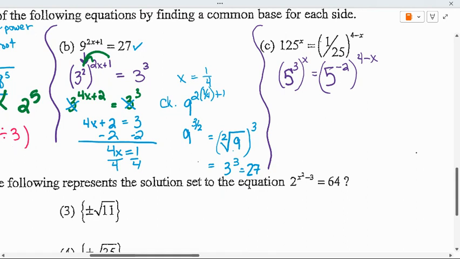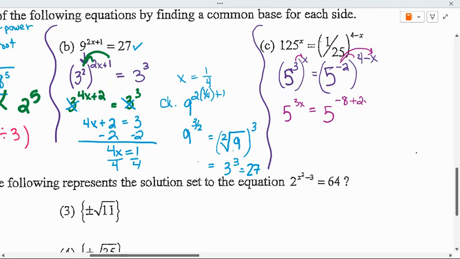So now we're going to have to distribute on both sides. So on the left side, I end up with 5 to what power? 5 to the 3x. And on the right side, I end up with 5 to what power? Say it again, -8.